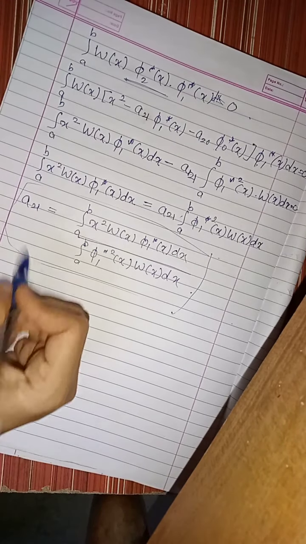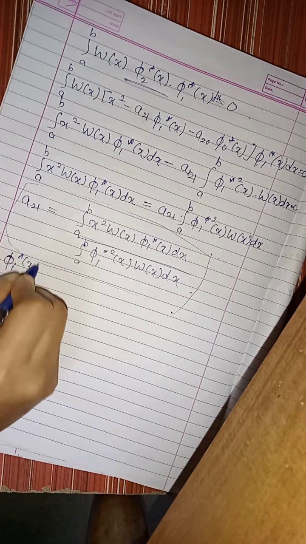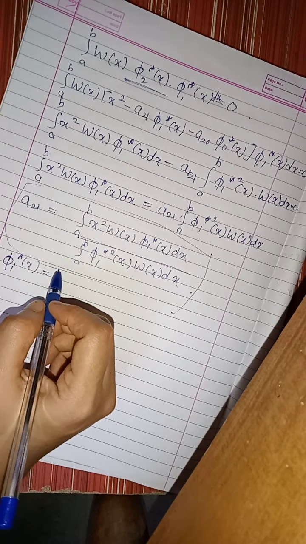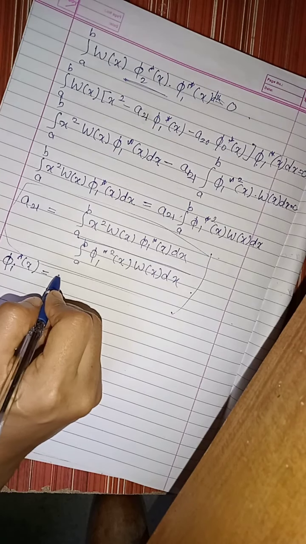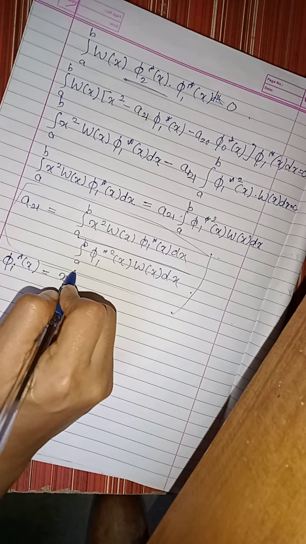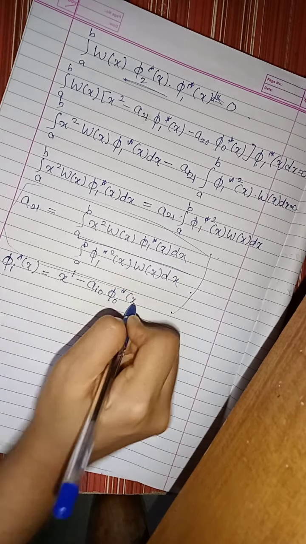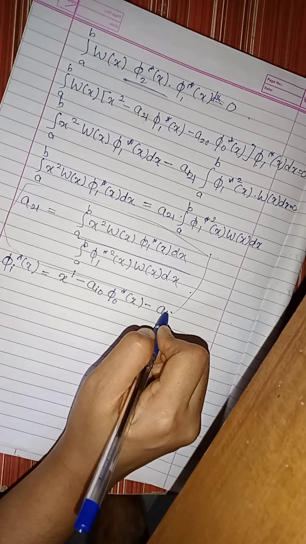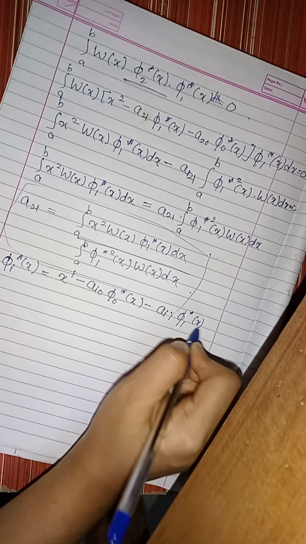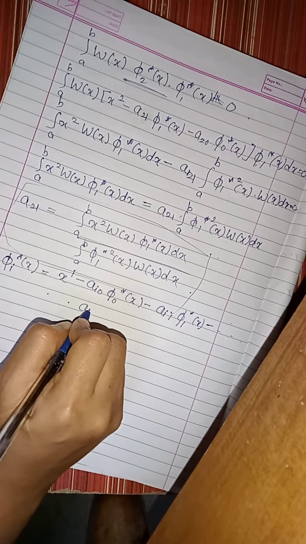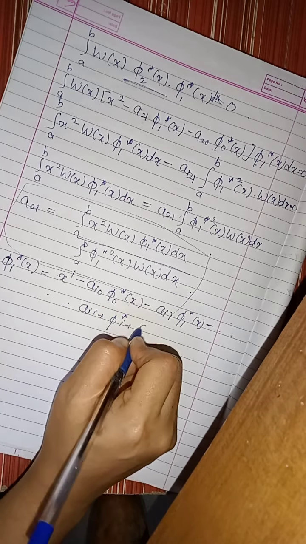So generalizing it, we can directly see that if we look at the values for phi 1 star of x or phi 2 star of x, phi I star of x starts from x raised to I minus a I0 phi naught star of x minus a I1 phi 1 star of x minus, and so on, up to a I(I minus 1) phi star I minus 1 of x.